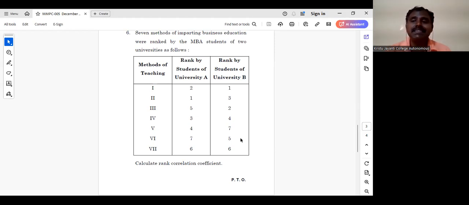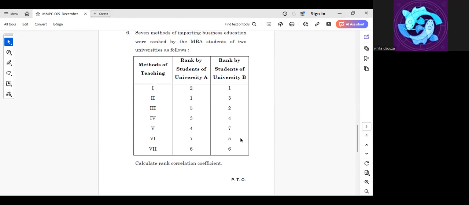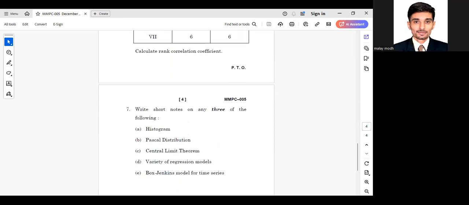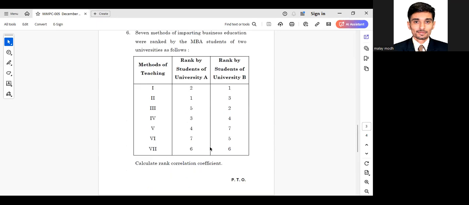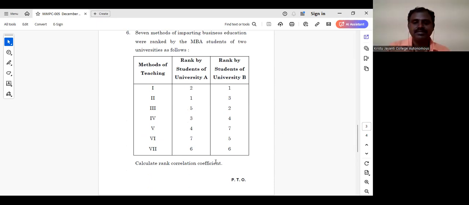You only need to understand which formula to use. If you remember that, it is very simple. Especially this problem is very, very simple. Yes, sir, I too found probability difficult; compared to that, here we just need to recall the formula. Yesterday we did practice for rank correlation with an example like this, so this is the same, I think.